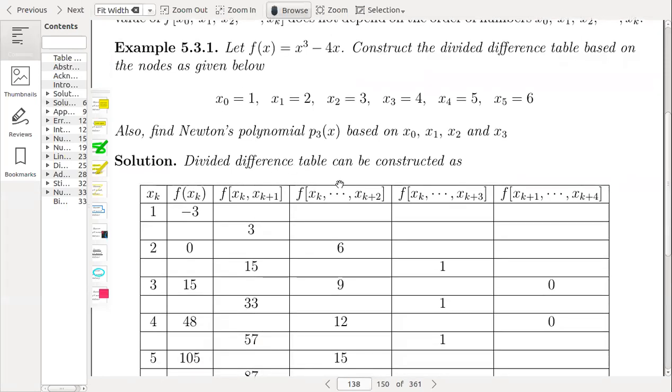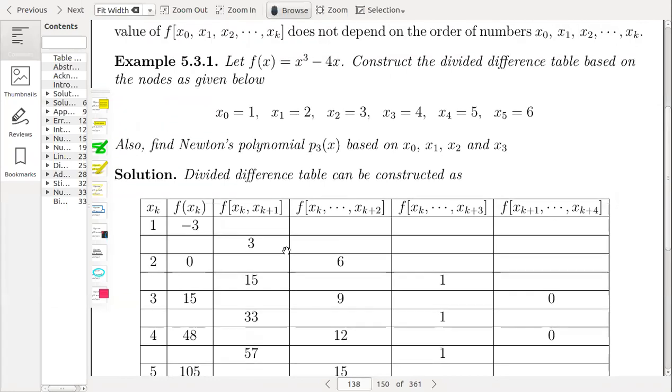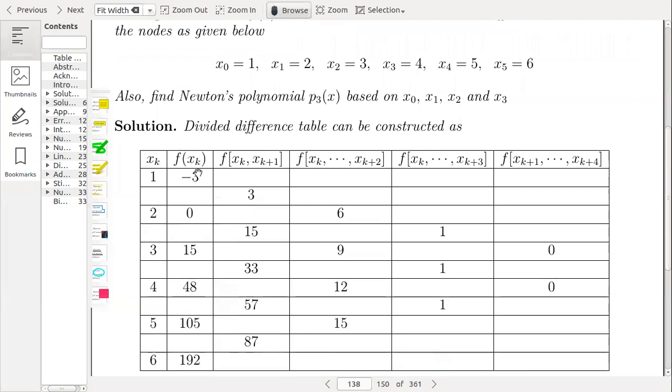So divided differences can be constructed directly by constructing a table. This is a very simple technique. How can we construct it by the table? Just start with f of xk. This is the zeroth divided difference, because the big brackets are equal to the small brackets for the zeroth divided difference. So here you have f of xk.